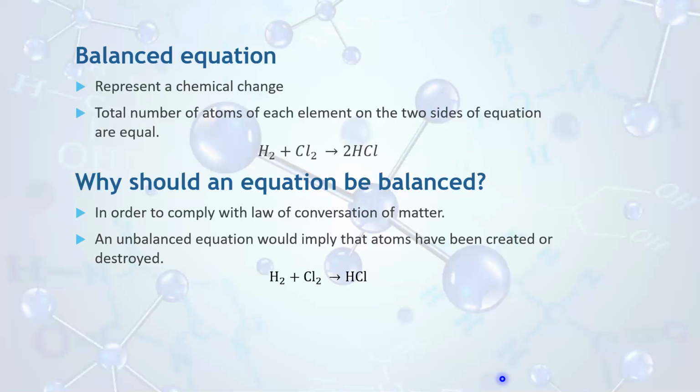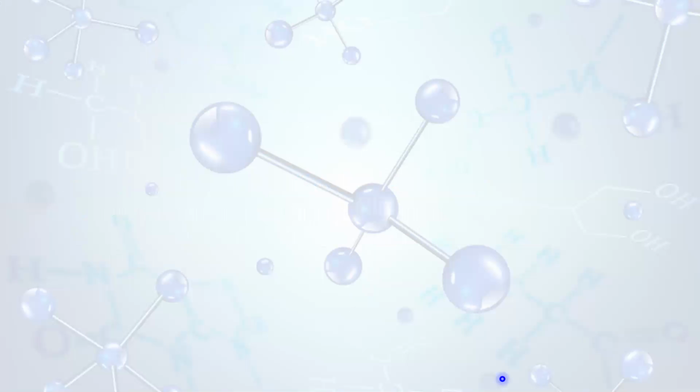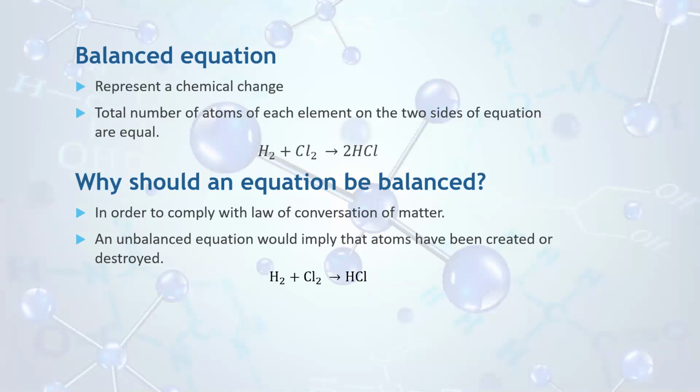If the number of atoms are equal on both sides, the mass will also be equal on both sides. That means before reaction and after reaction, the mass is the same. Thus it obeys the law of conservation of mass. So the necessity of a balanced equation is to comply with the law of conservation of mass.